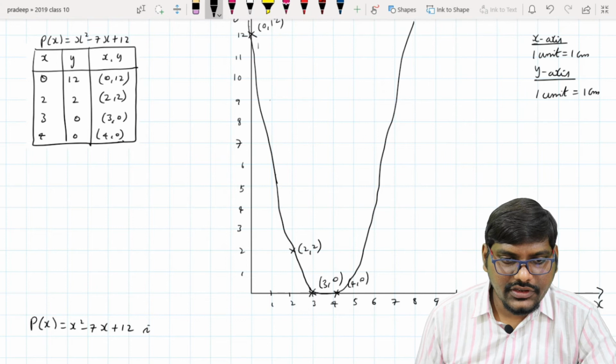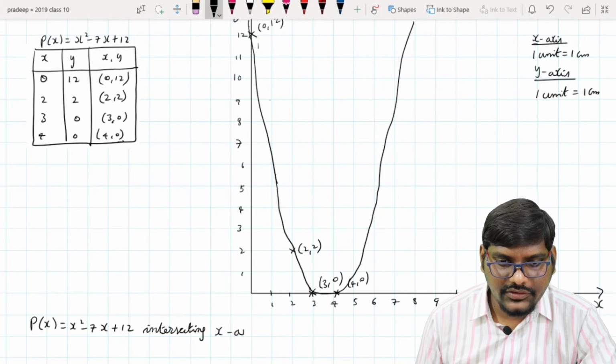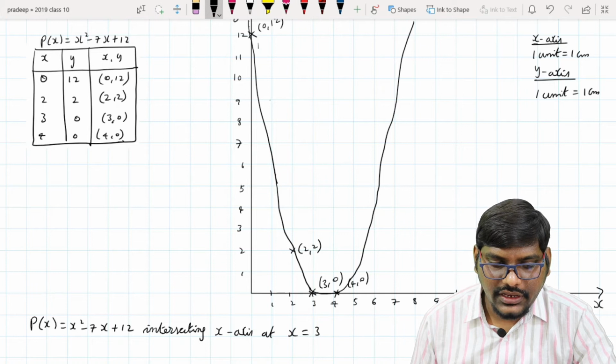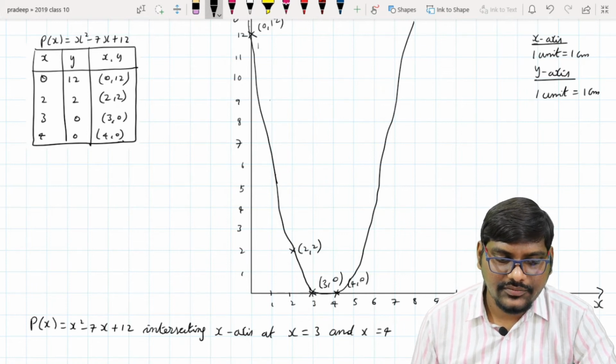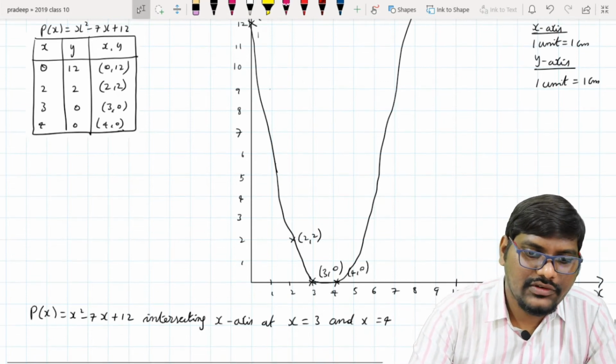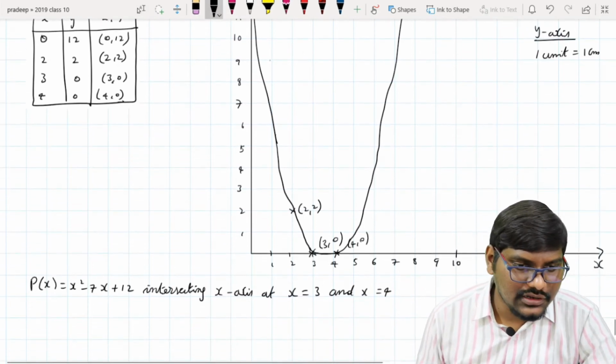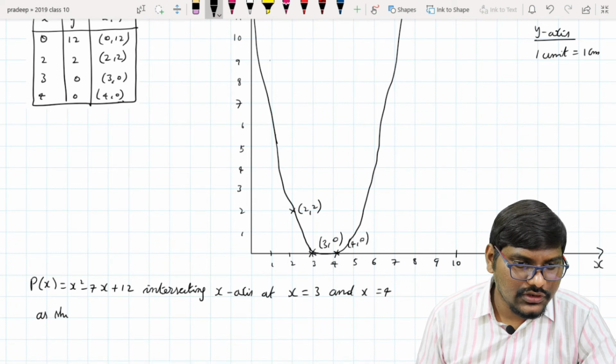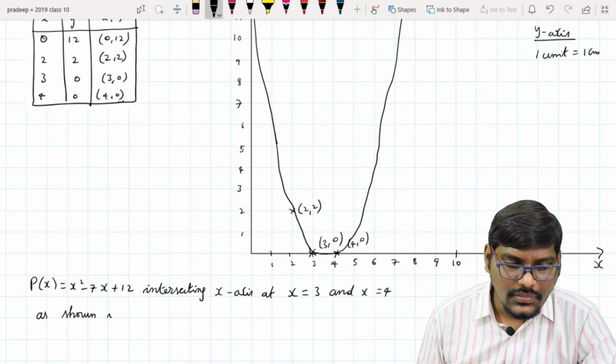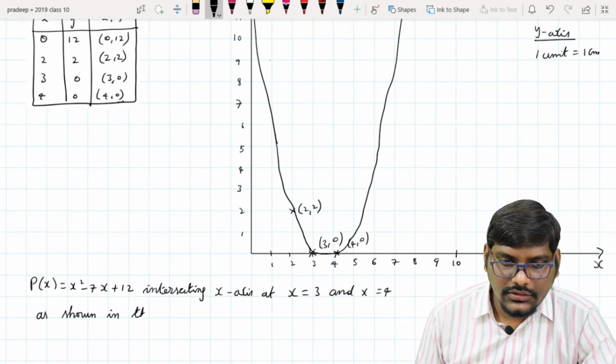Where was it intersecting? They are intersecting the x-axis, right? It was intersecting the x-axis at x equal to 3 and x equal to 4. Of course, we have seen it in the graph also, so we can write that also, as shown in the graph.